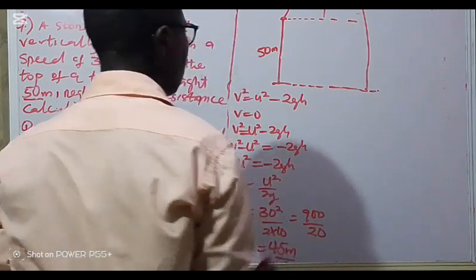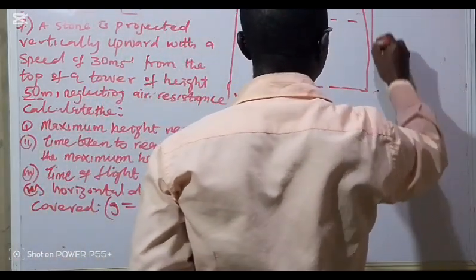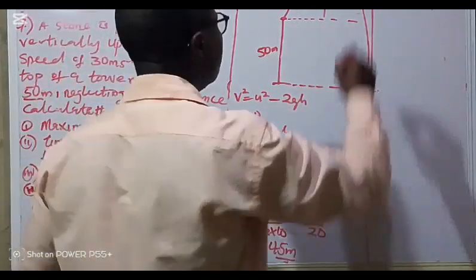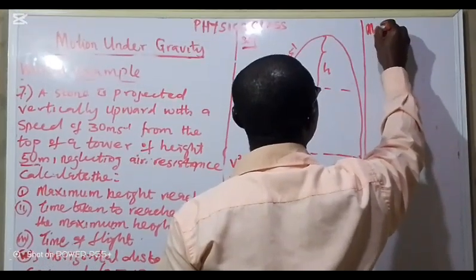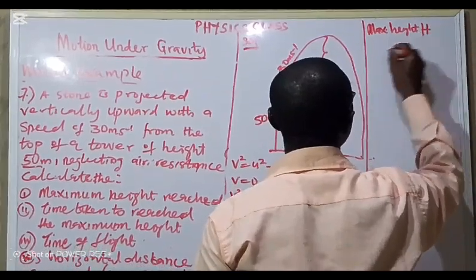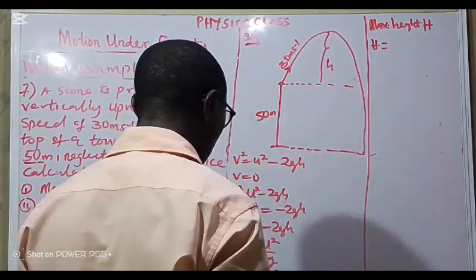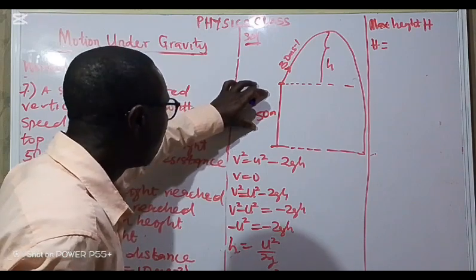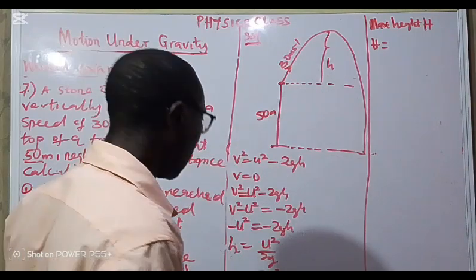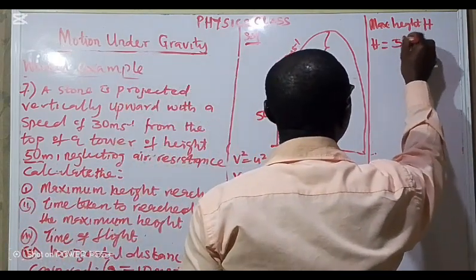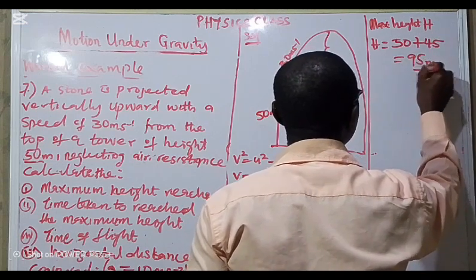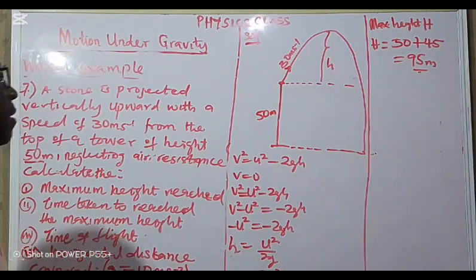If h is 45 meters, and we need the maximum height of the stone, according to question number 1, call it H. H will be equal to the height of the tower plus the height of the stone from the top of the tower. That will be 50 plus 45, which gives us 95 meters. That is the maximum height of the stone from the ground.